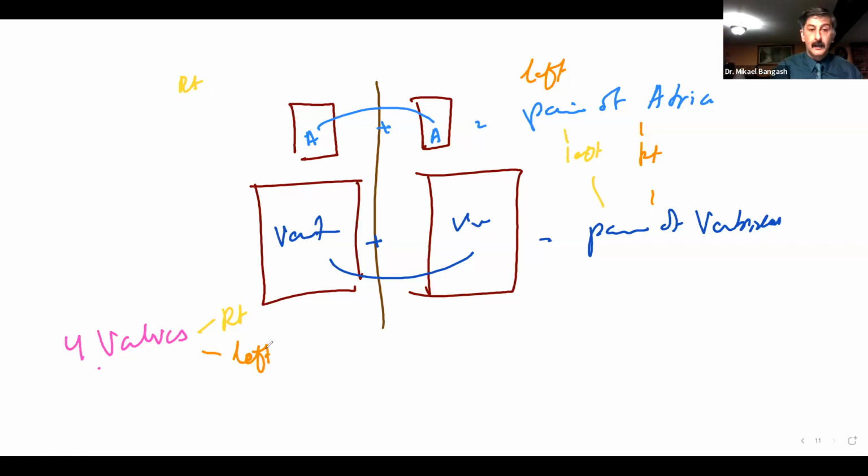On the right side, there's going to be a valve between the atrium and the ventricle. That's very fine. One of the right valves.